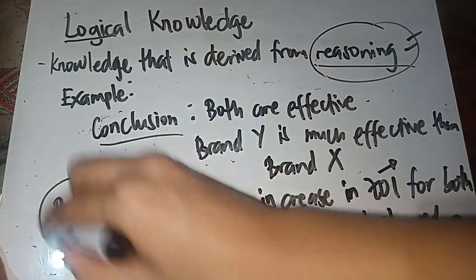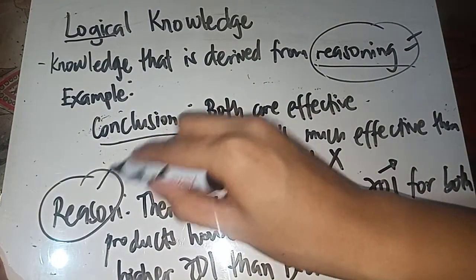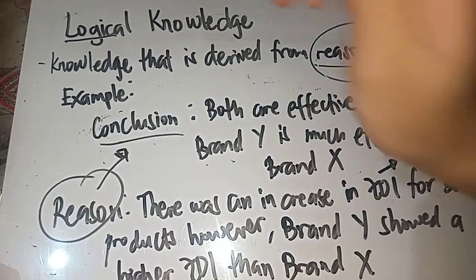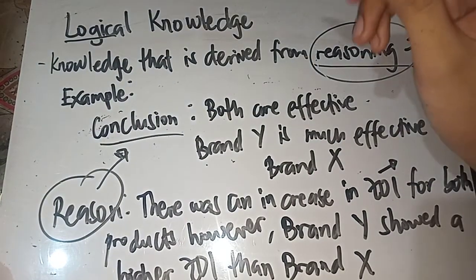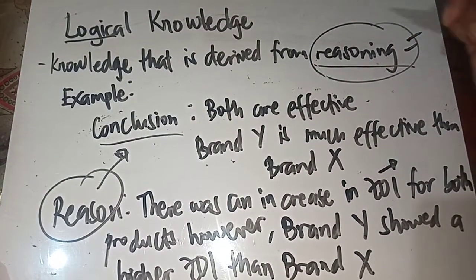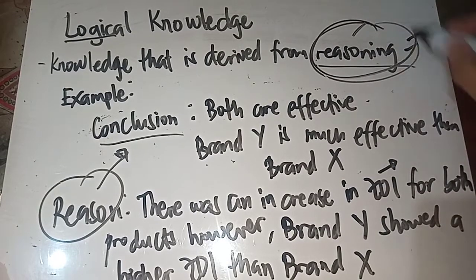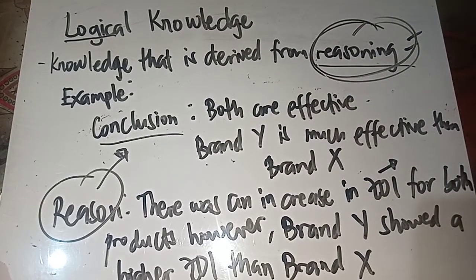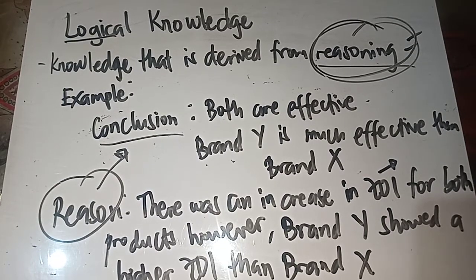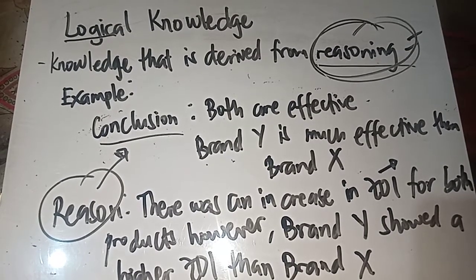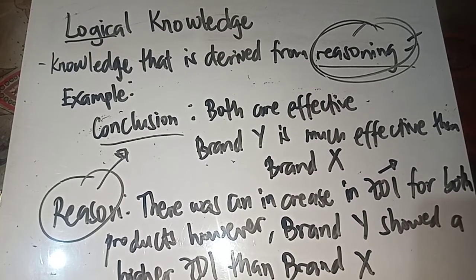So that is the reason to our conclusion, and it is derived from our logical knowledge. Okay, because we had the process of reasoning. Okay, so that is all for logical knowledge. Now for our next video presentation, we will be discussing the last source of knowledge, which is empirical knowledge.